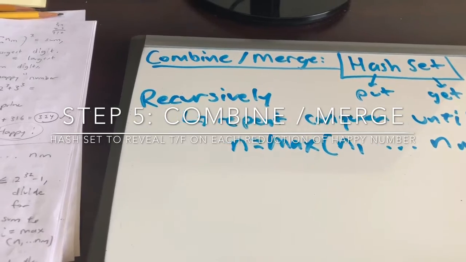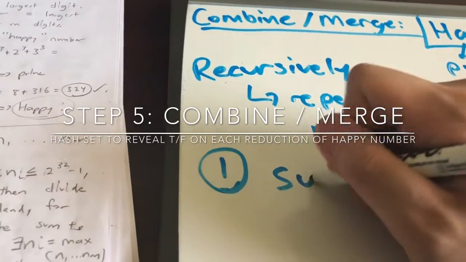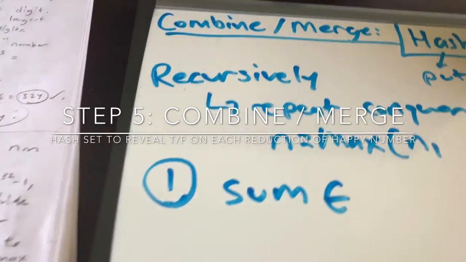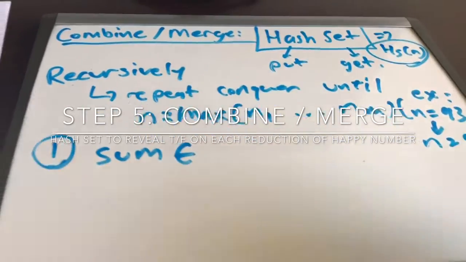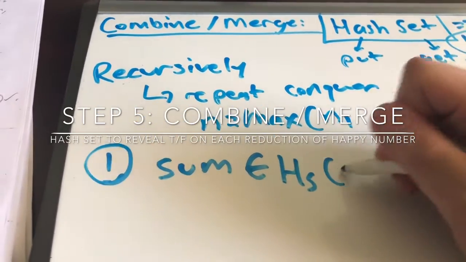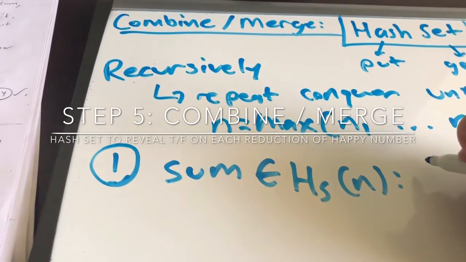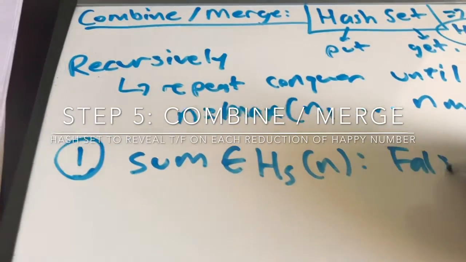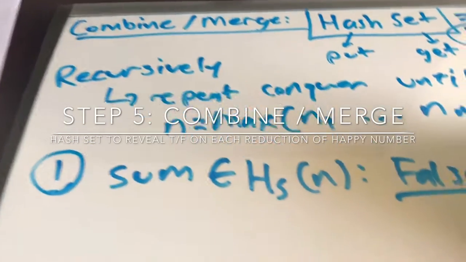So here's the following case. In the first case, if we find the sum to be in the hash set, let's say hs of n as a function for the hash set, then we return false, because you don't want duplicates in the hash set, and you want to append the sum.